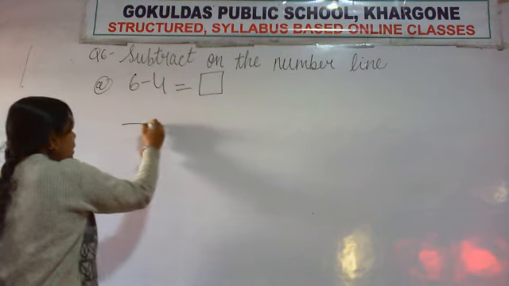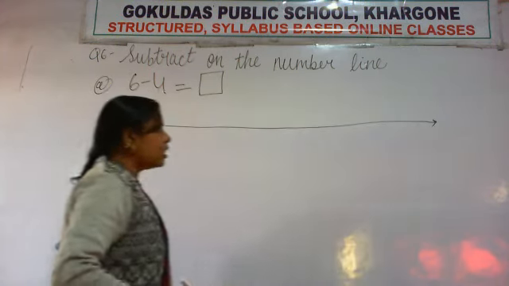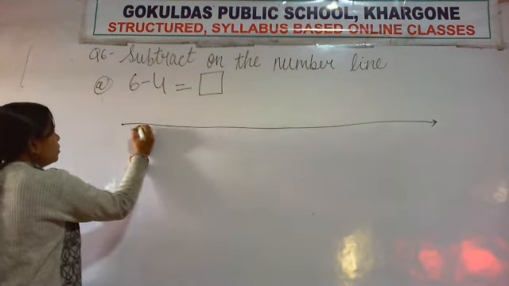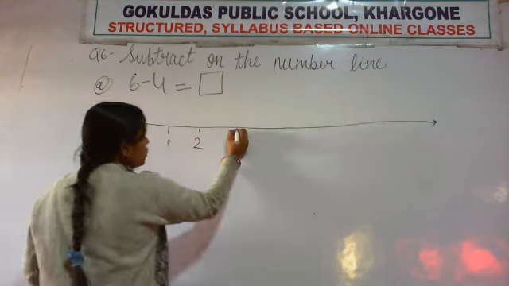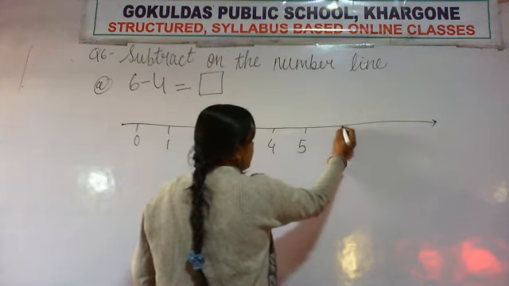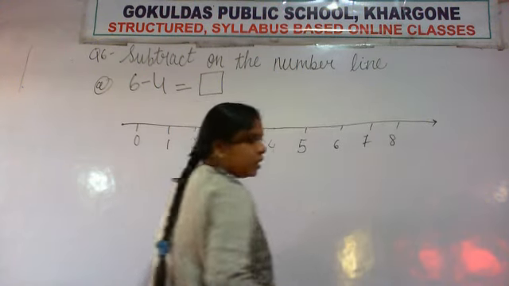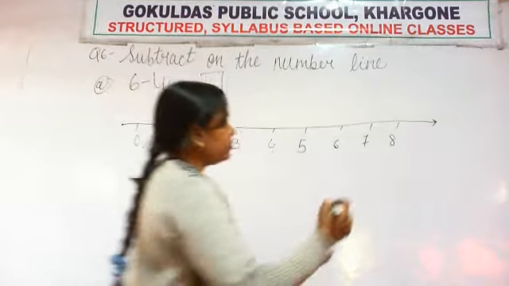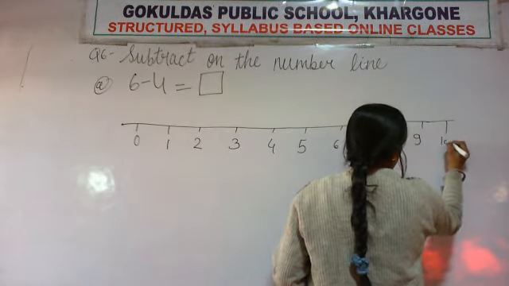Now draw the number line starting from 0, 1, 2, 3, 4, 5, 6, 7, 8, 9 and 10.